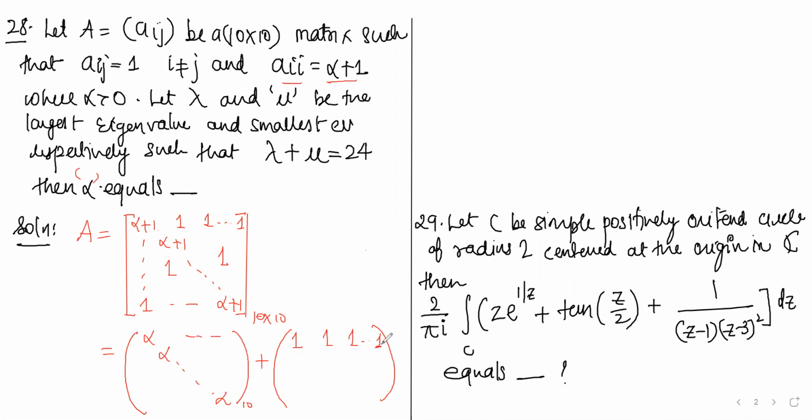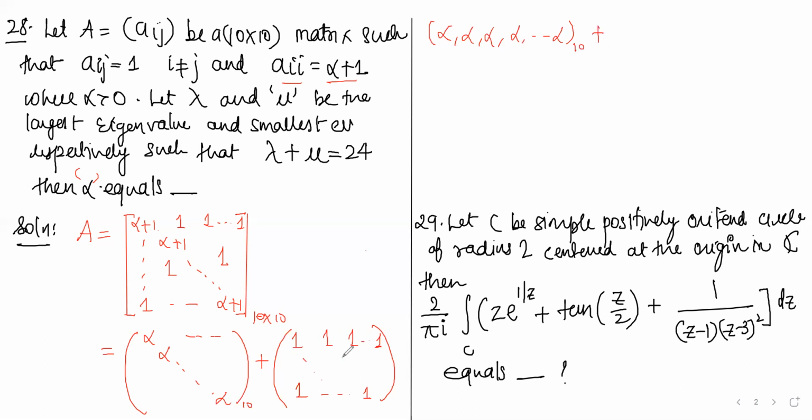This will be all just 1, 1, 1. And if you notice, these two are the same. Now we know that eigenvalues are additive, so I know all the eigenvalues of this matrix. The eigenvalues for this matrix are alpha, alpha, alpha, and so on up to alpha 10 times, plus an eigenvalue for this matrix.